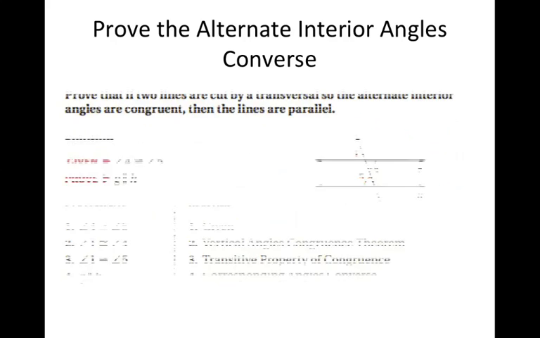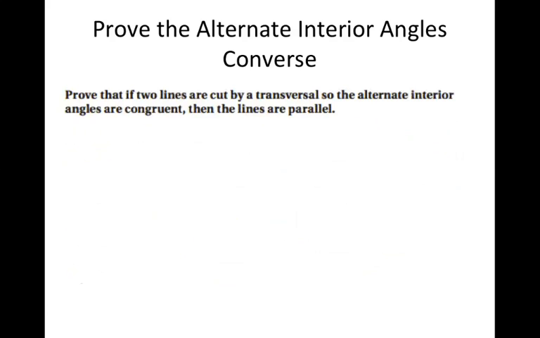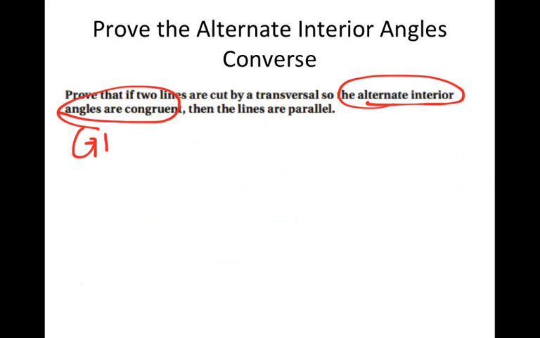Let's prove the alternate interior angles converse. I want you guys to start thinking about being able to prove every theorem. So we're going to start with the given information coming from our hypothesis. Our hypothesis in this example is that the alternate interior angles are congruent. We're going to say that that is our given information.